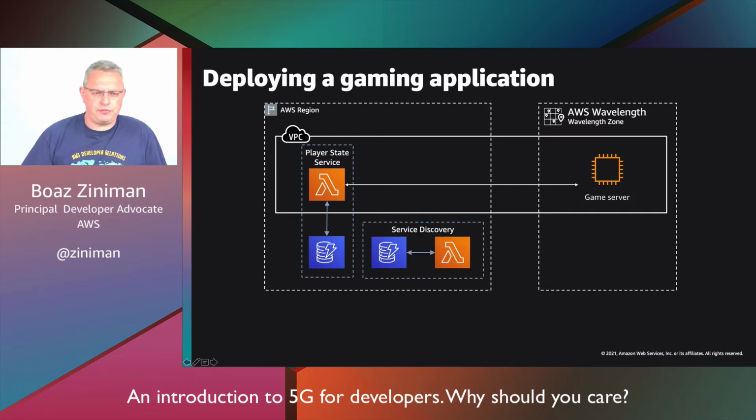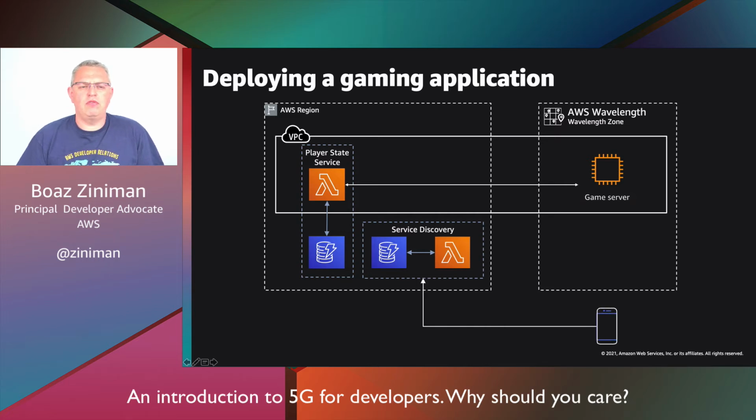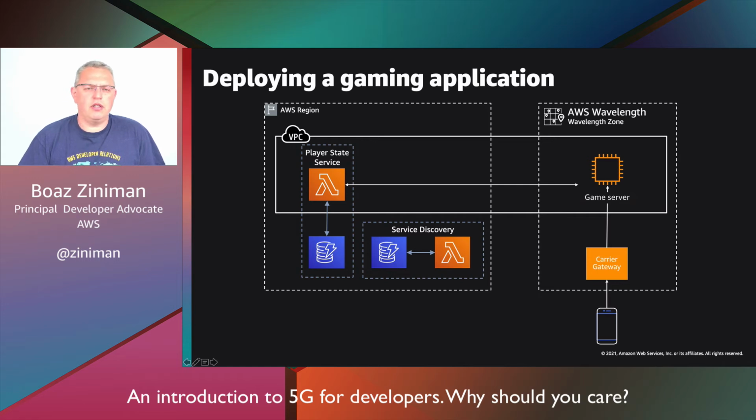Then I can have a service discovery in addition that will store all the locations of my different applications. A new device will connect to this service discovery and will get the address of the carrier gateway to connect directly to my gaming server.